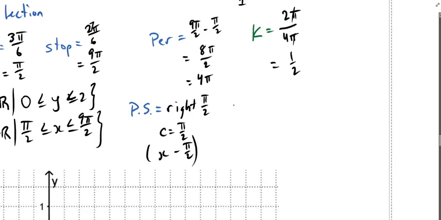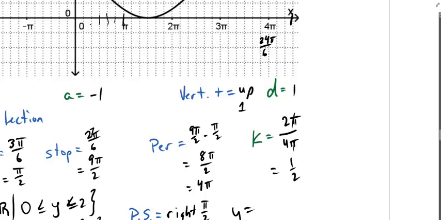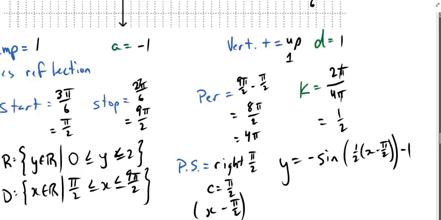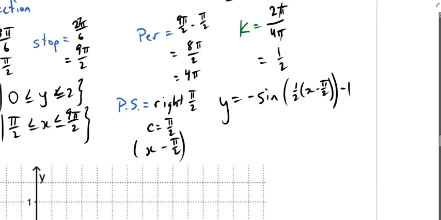So write the equation y equals negative sine 1/2 (x minus pi by 2) plus 1, up 1. Any questions?